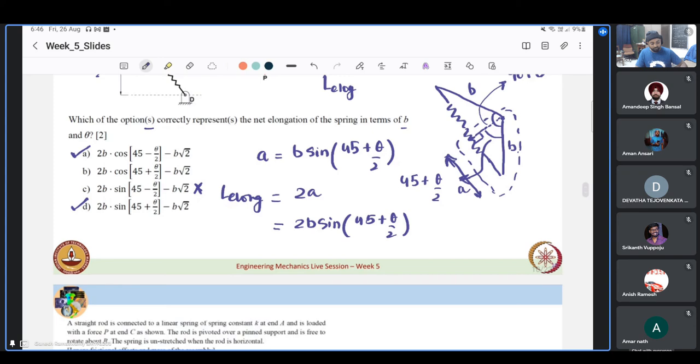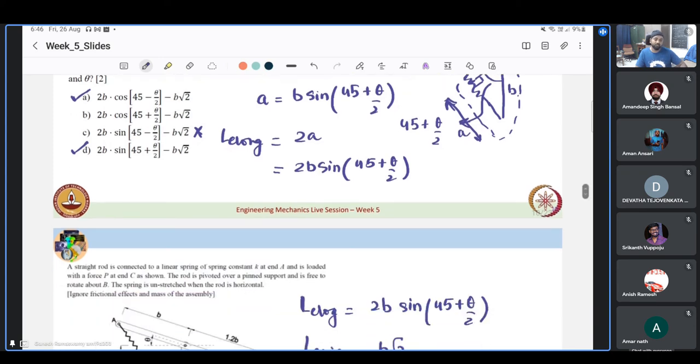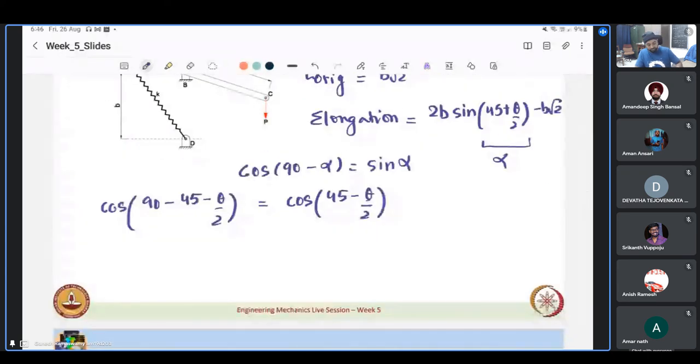So what have we calculated till now? We have calculated the net elongation in the spring, and we know that the force in the spring is nothing but the spring constant times the net elongation which we saw.